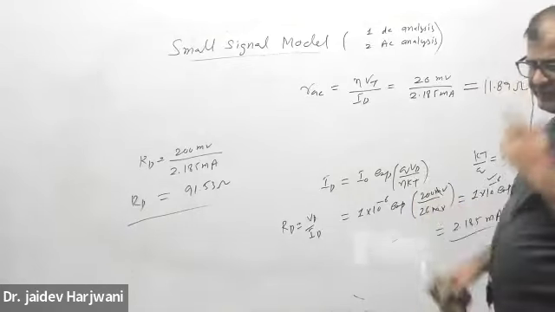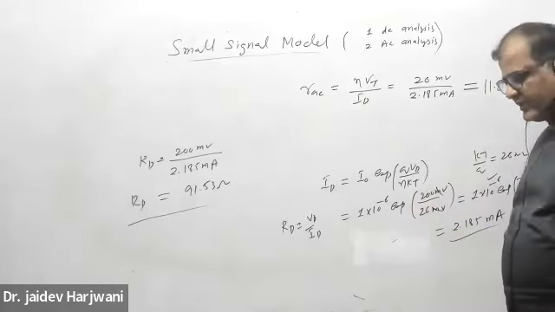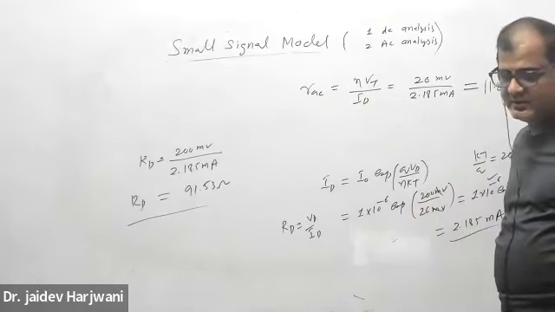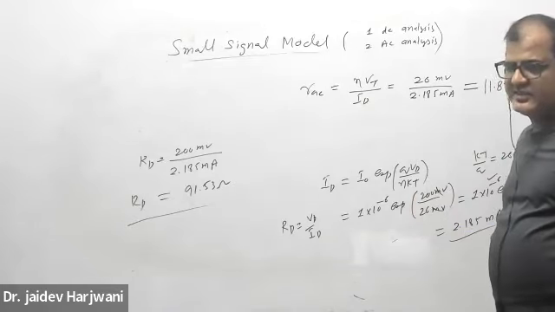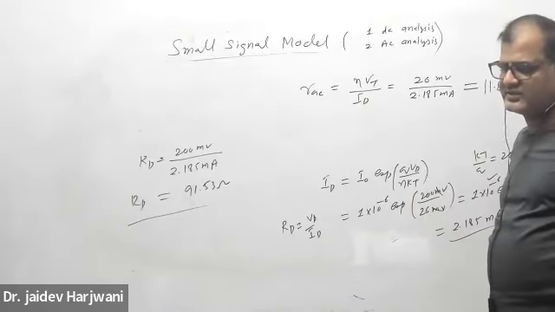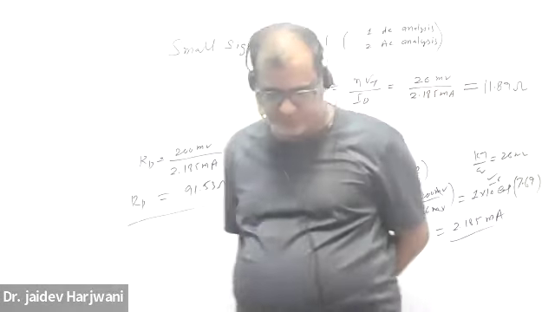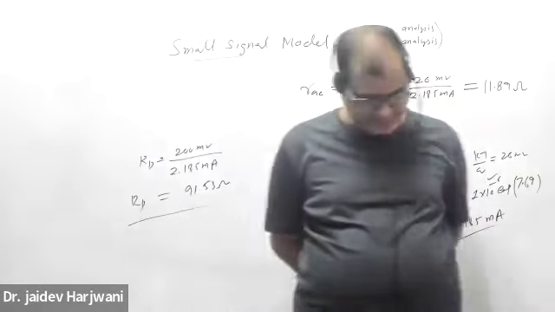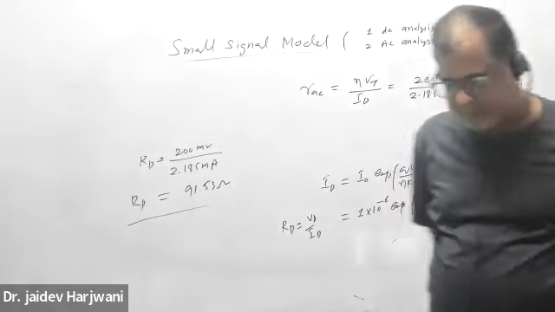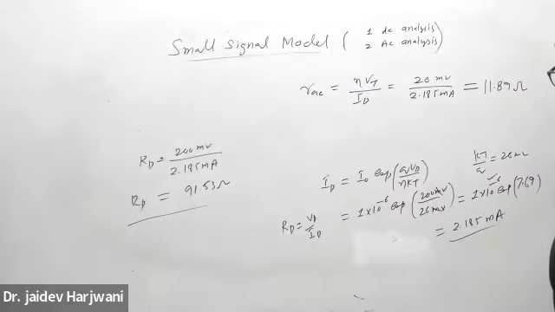Tell me now if you have any confusion or it is clear. What DC resistance was, AC resistance. So for AC, you always first have to do DC analysis. Is the point clear? Yes, sir.